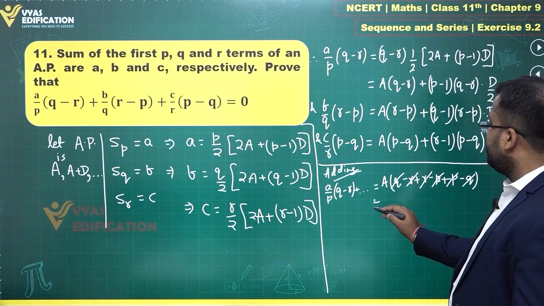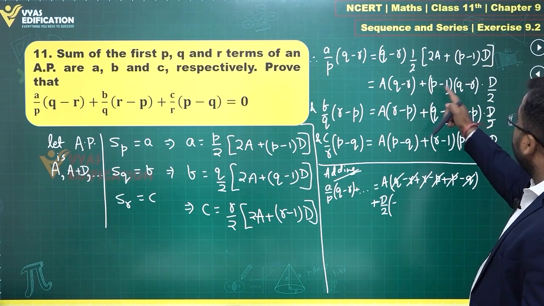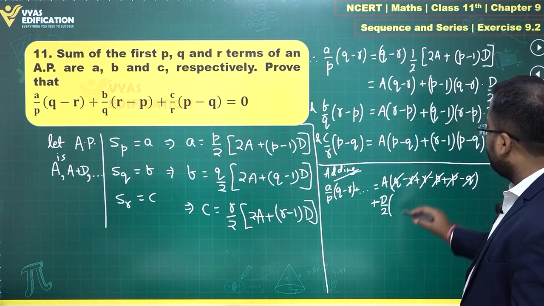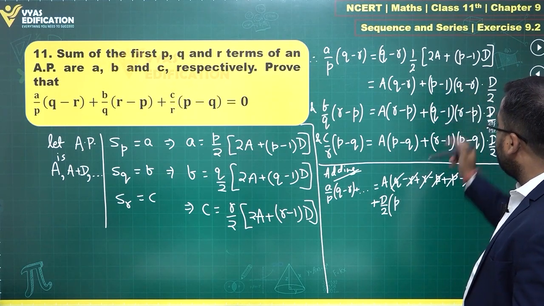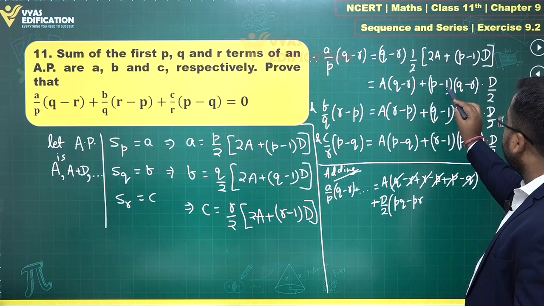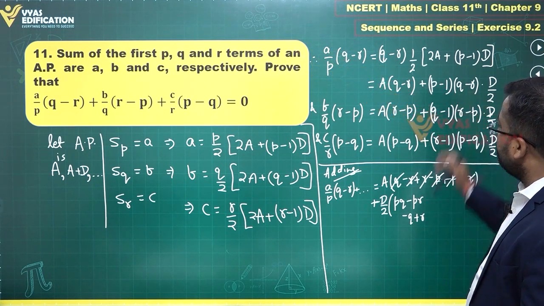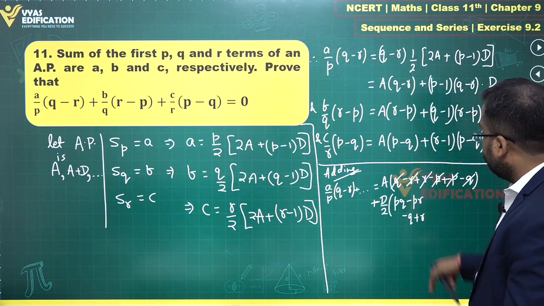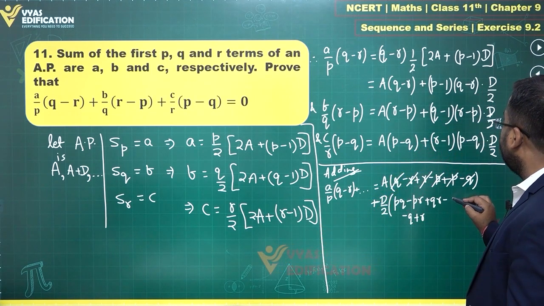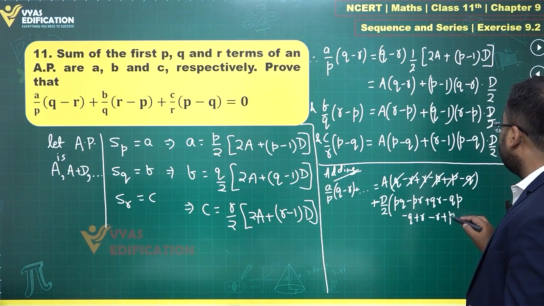Similarly, for plus D by 2, what do we have? You have P times Q minus R, that is PQ minus PR, and you have Q minus 1 times R minus P first of all, right? Multiplying these two, there will be 4 terms. QR minus QP and minus R plus P is what I have.